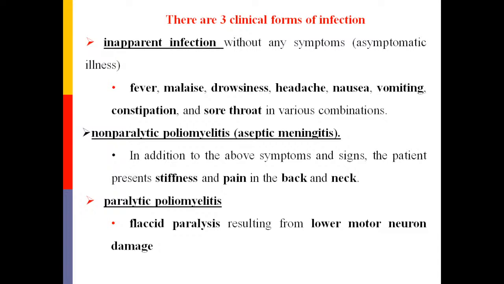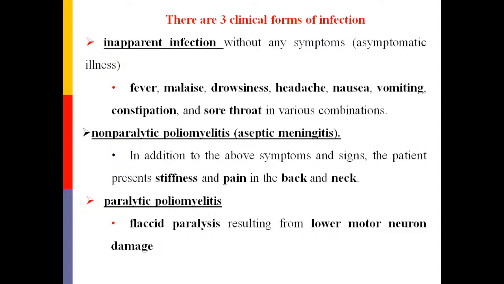Another clinical form of polio is called non-paralytic poliomyelitis, also named aseptic meningitis. In addition to the above symptoms and signs that we have just talked about, fever, malaise, drowsiness, headache, and so on, the patient presents stiffness and pain in the back and neck.